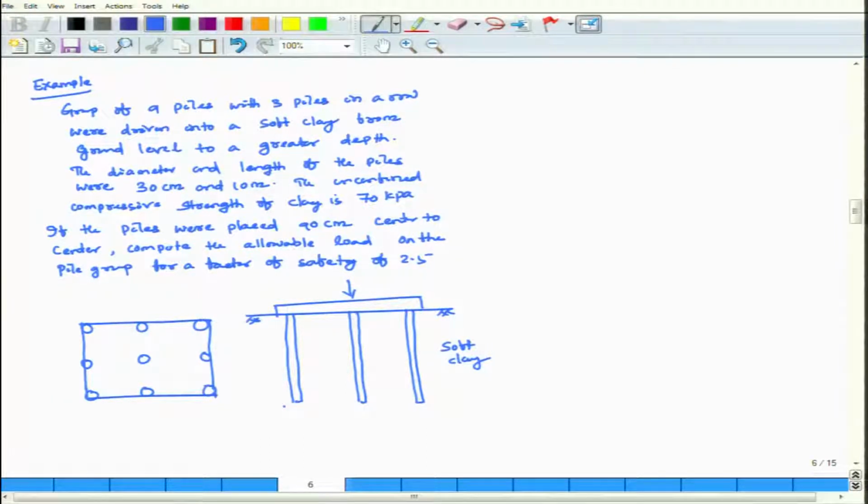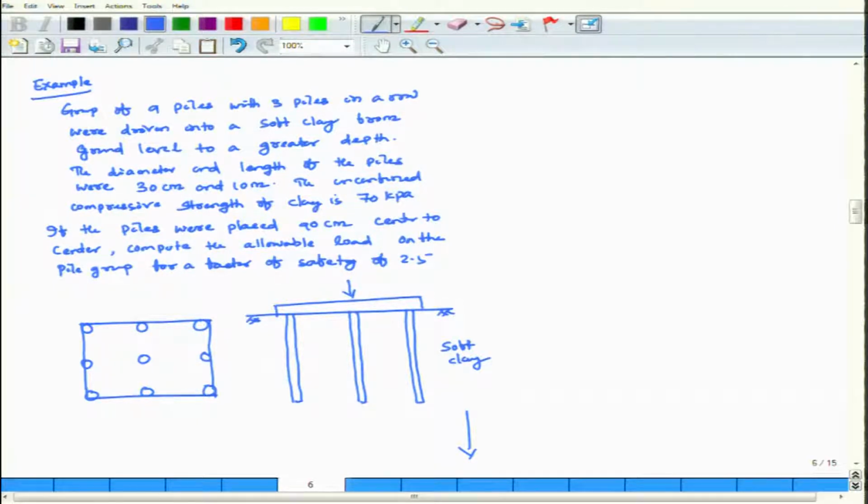What does it mean? That means these piles are friction piles. The soft clay is there from ground surface up to a greater depth, so this pile is classified as a friction pile, there is no end bearing.